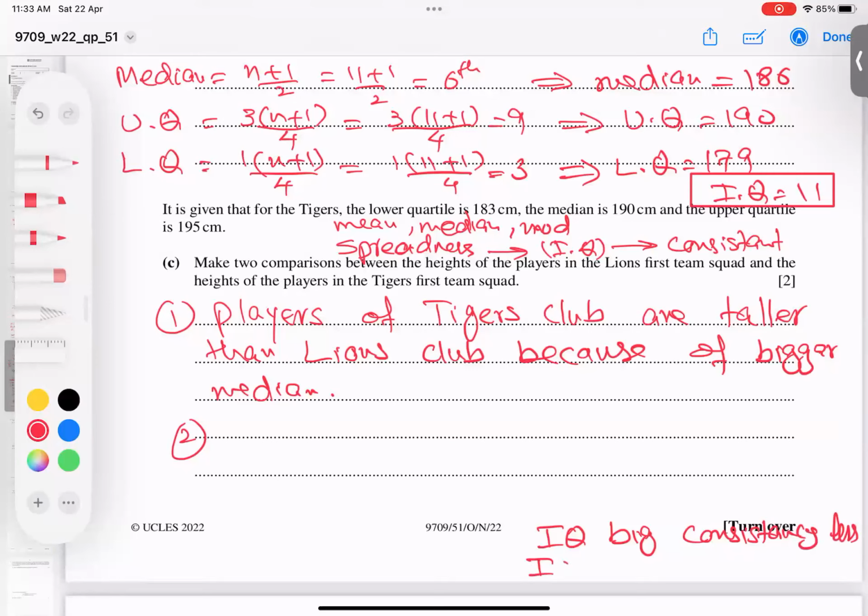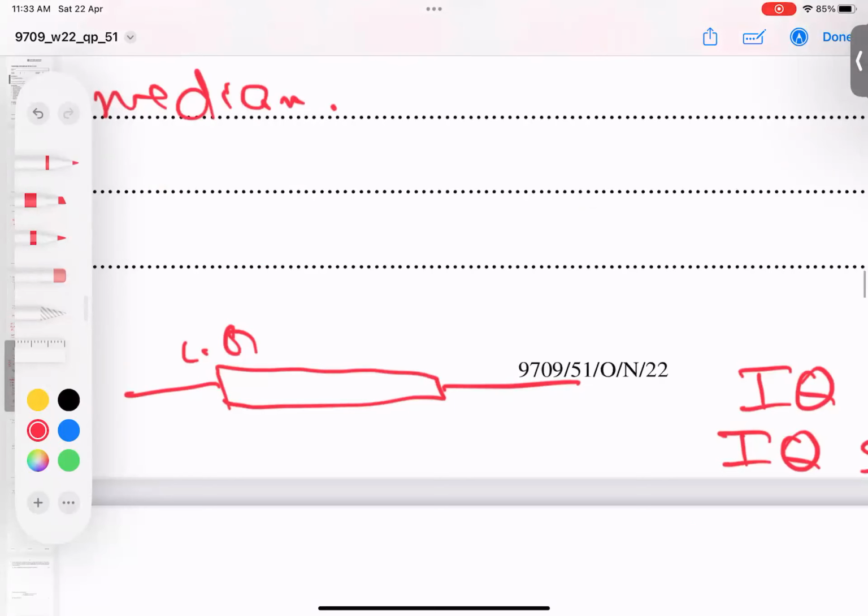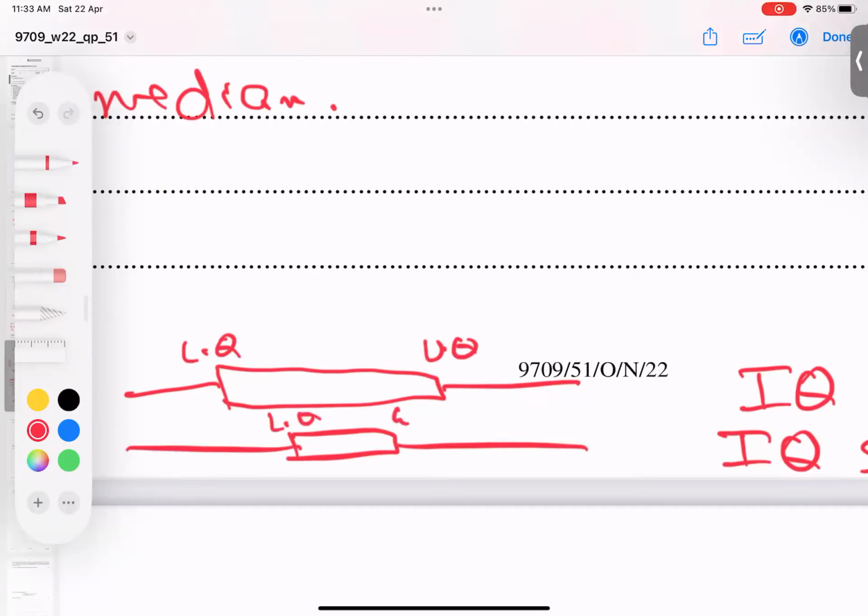If the interquartile range is small, consistency is big, consistency is large. For example, students, if the interquartile value is big, there is a big difference between the lower quartile and upper quartile.